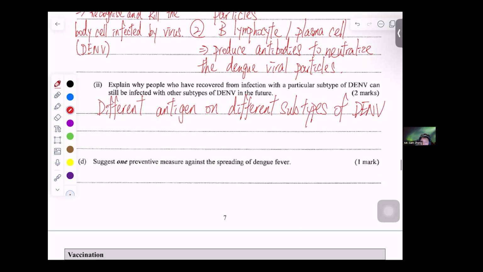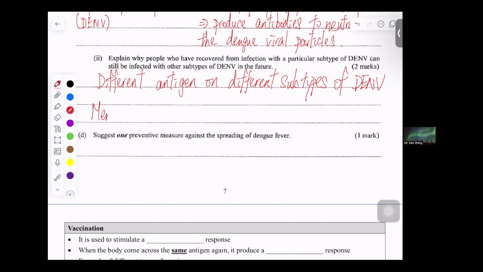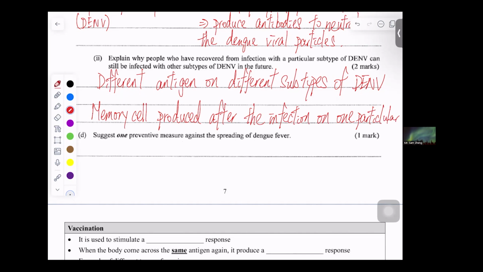So in this case, our memory cells produced after the infection with one particular subtype cannot recognize another subtype.